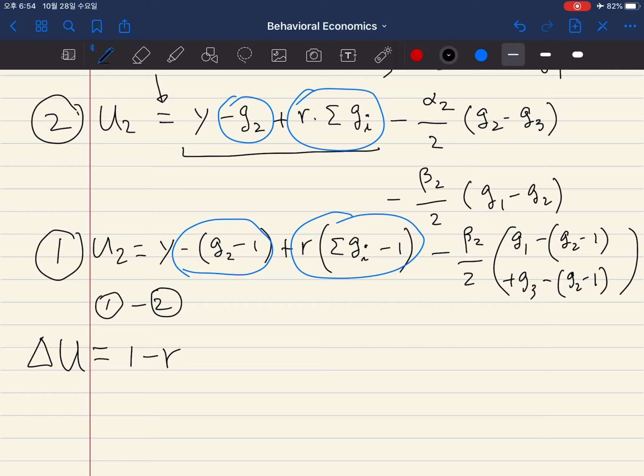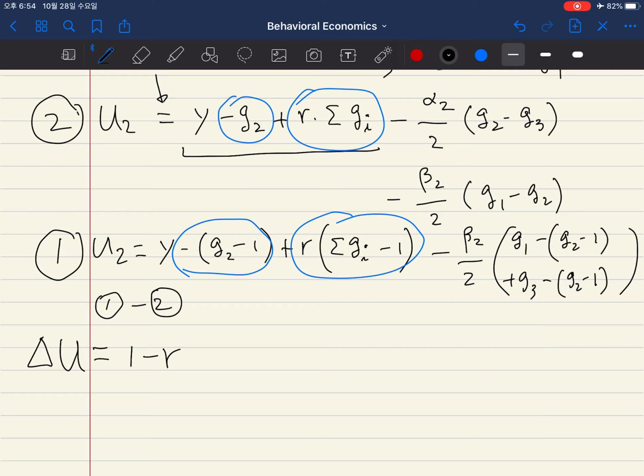This is very obvious because in terms of monetary payoff, these individuals lose when they contribute to public good, because the benefit from public good is discounted by R, and R is less than 1. Therefore, in terms of material payoff, it's obvious that individuals' utility increases when they reduce contribution.